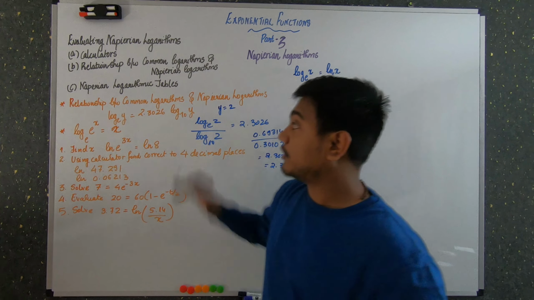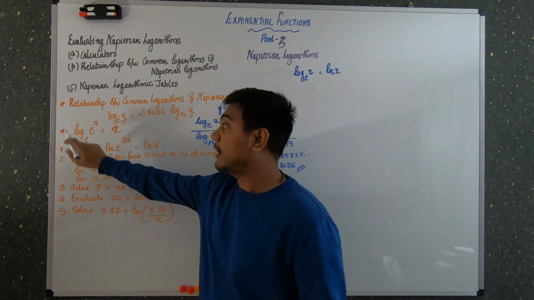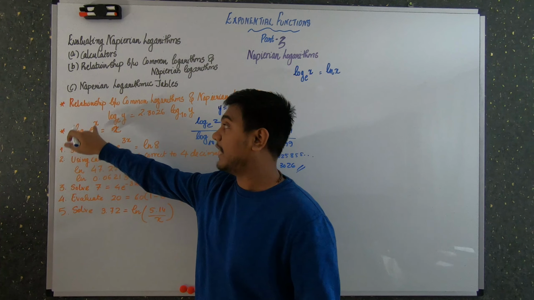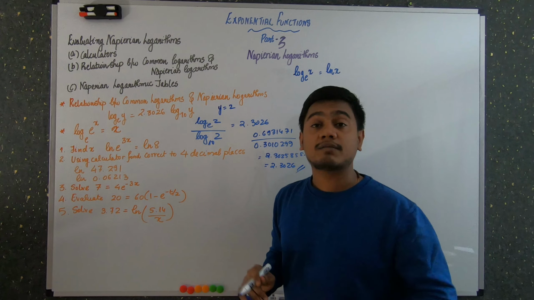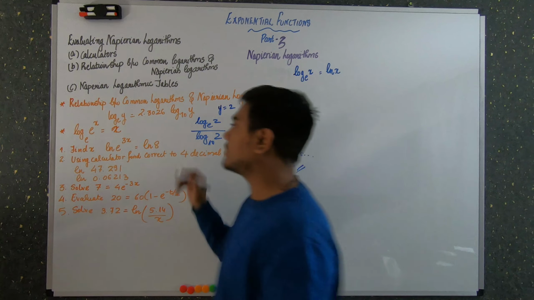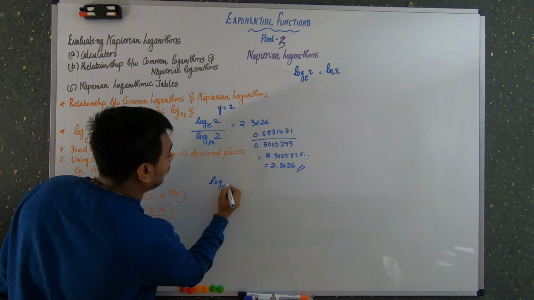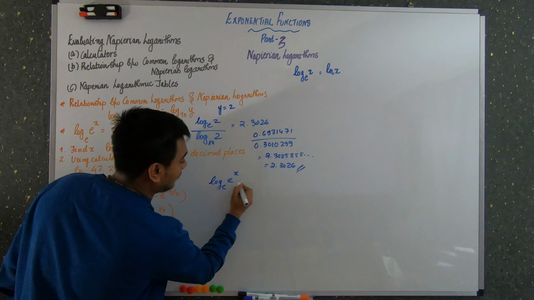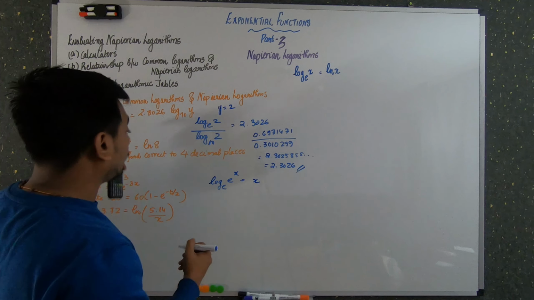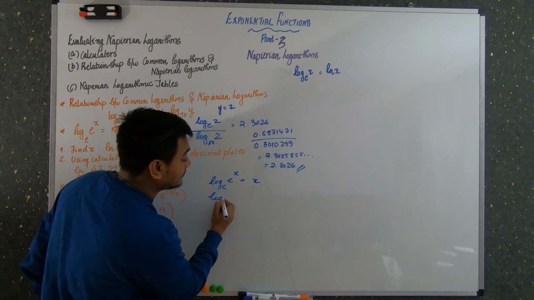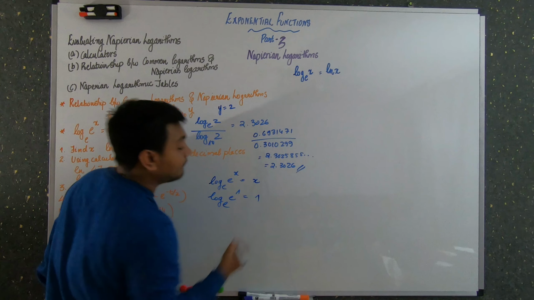So that's all for this section. Next, one important step to be learned is that log to the base e of e raised to x is the same as x. If you have any doubts, please check my previous videos on logarithms, or you can simply check this with your calculator. Take in your scientific calculator the value of e raised to 1, and check ln of e, which would be 1 itself.